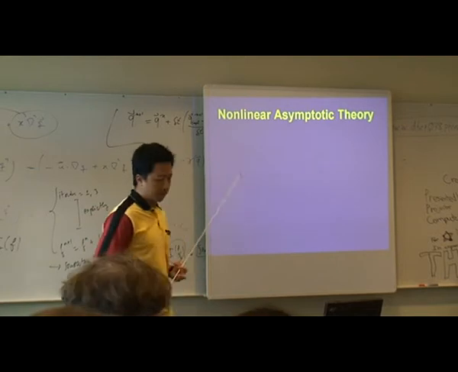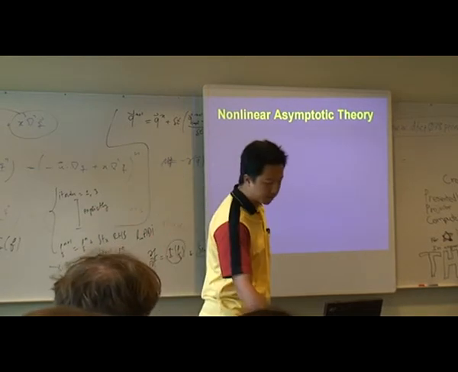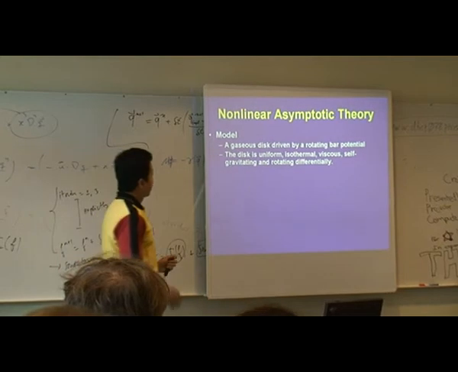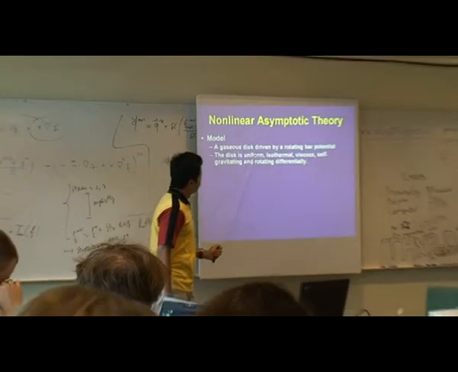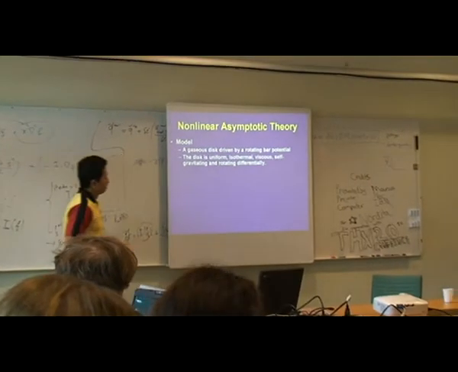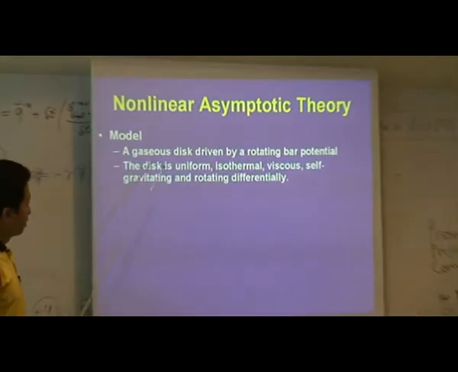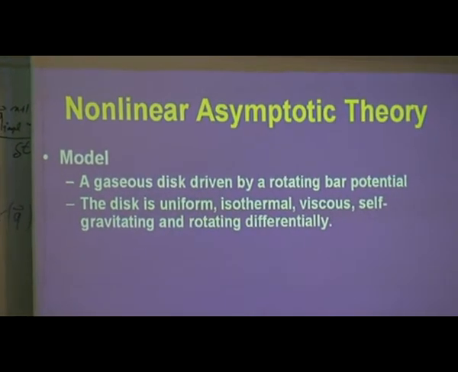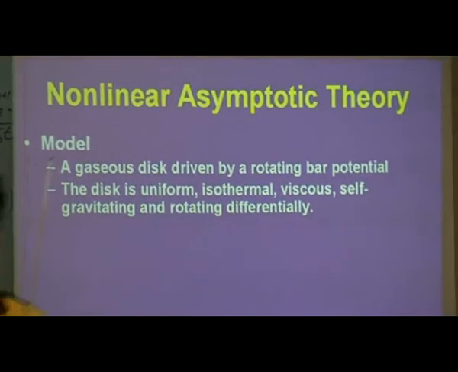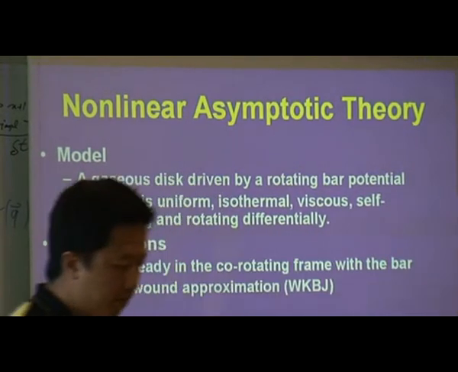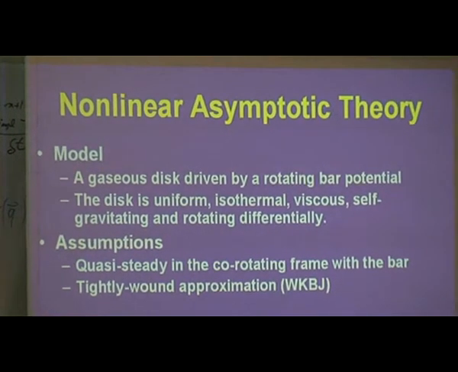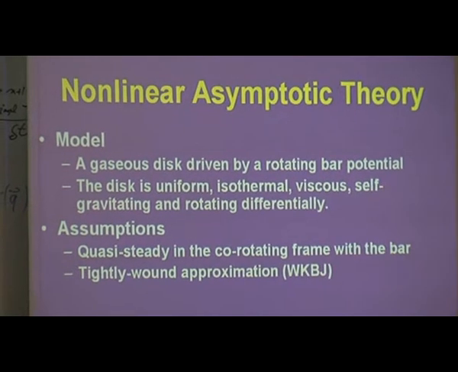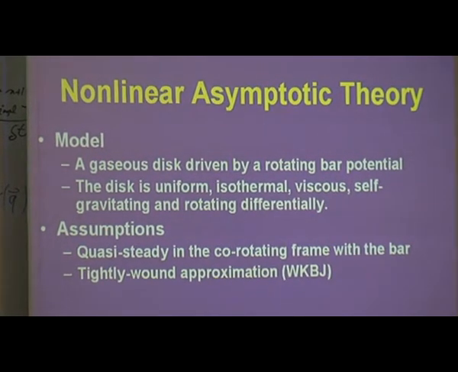And this is the nonlinear asymptotic theory. Our model is basically a gaseous disk driven by a rotating bar potential. And the disk is uniform, isothermal, viscous, self-gravitating, and rotating differentially. The basic assumption we put in is quasi-steady in a co-rotating frame with the bar, so the pattern is unchanged.